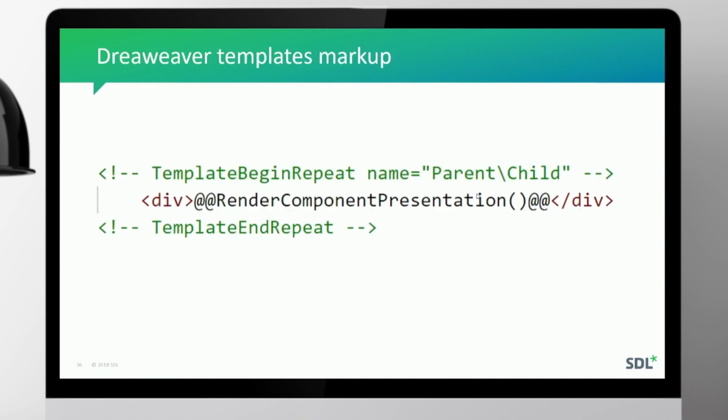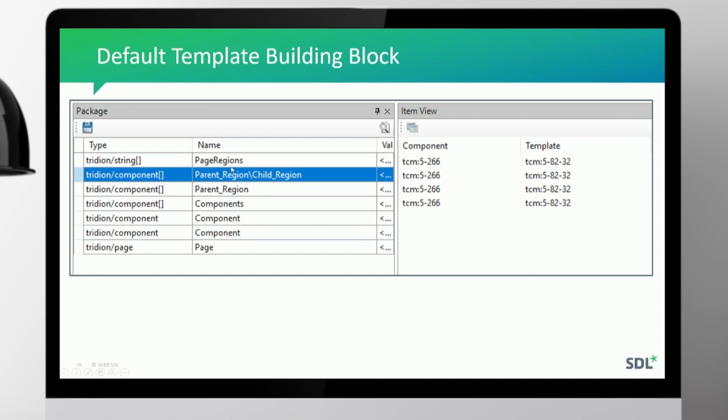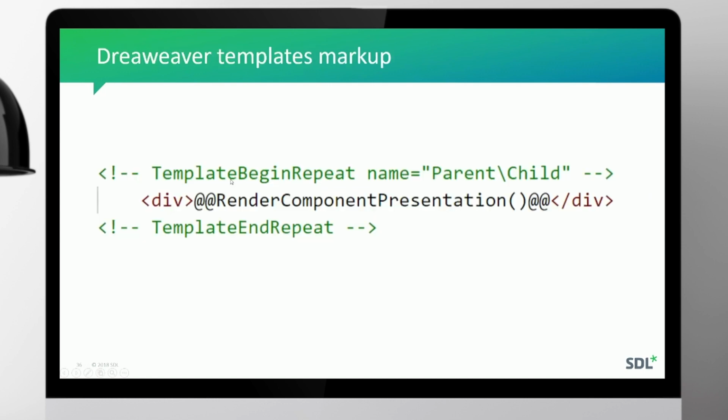So in case you're using Dreamweaver templating, this markup shows how to render all component presentations in a particular region. You need to write this template repeat block and name the region. So this parent child should correspond to this variable name. So for proper rendering, it actually should be here parent region slash child region.